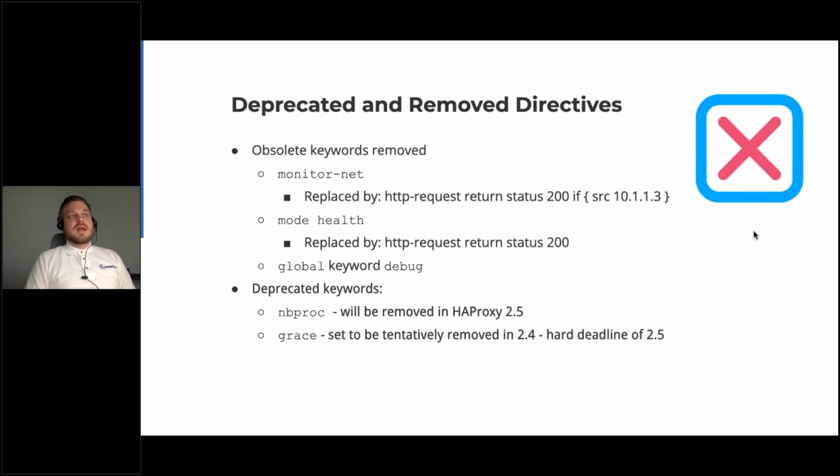Keep in mind as well that after HAProxy 2.2, threading is automatically enabled out of the box, and HAProxy will automatically scale itself across all available cores out of the box. So the other deprecated keyword is grace. It's set to tentatively be removed in HAProxy 2.4 with a hard deadline of HAProxy 2.5.